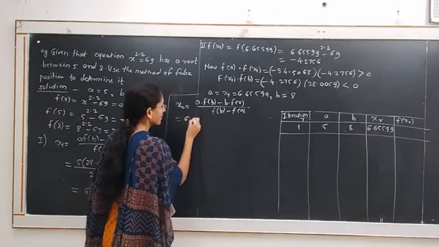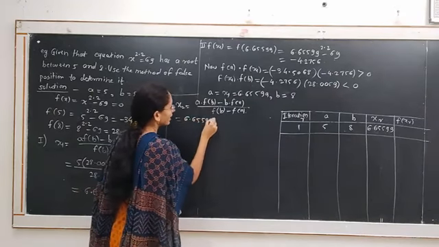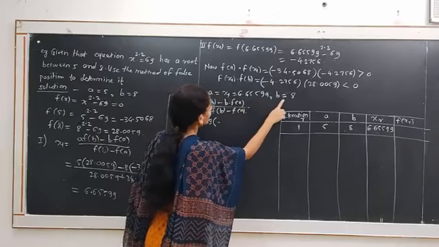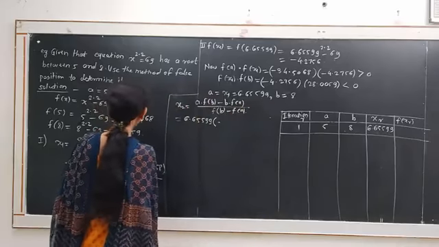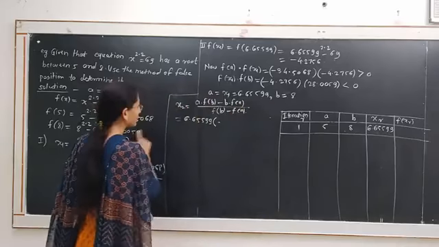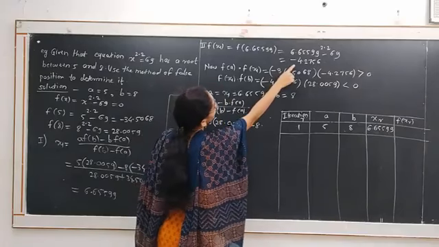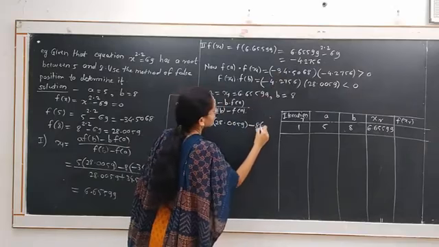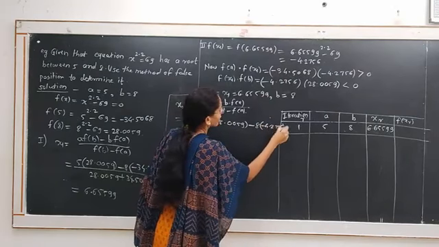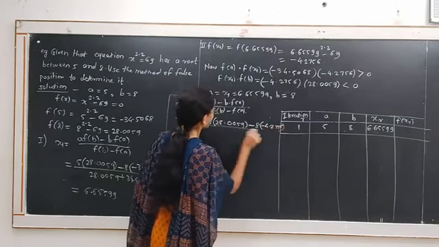So 6.65599 into f of b value, in this case b is equal to 8 and f of b is 28.0059, minus b into f of a, in this case b is 8 into f of a, which is f of x1. F of x1 value is given by minus 4.2756, divided by f of b minus f of a.